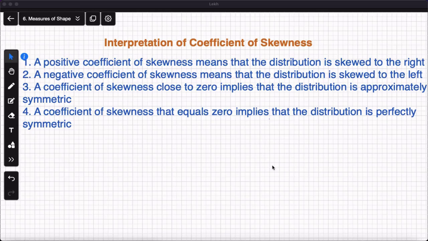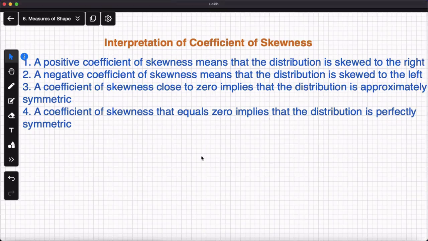Now, this is how to interpret the coefficient of skewness. A positive coefficient of skewness means that the distribution is skewed to the right. A negative coefficient of skewness means that the distribution is skewed to the left. A coefficient of skewness close to 0 implies that the distribution is approximately symmetric, and a coefficient of skewness that equals 0 implies that the distribution is perfectly symmetric.